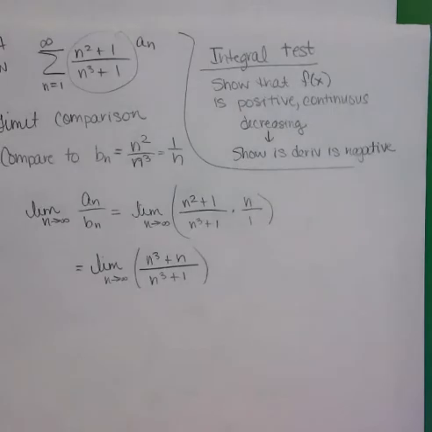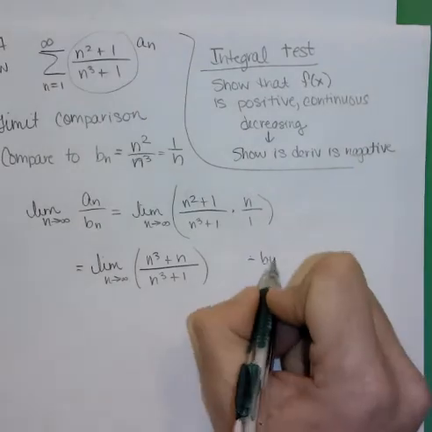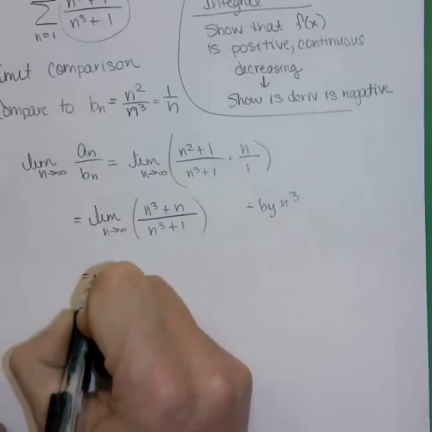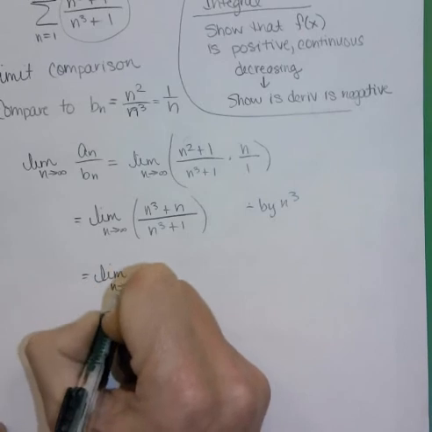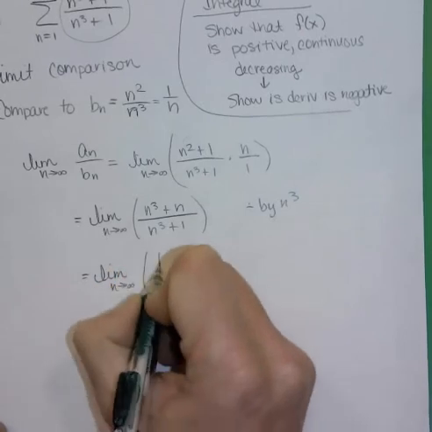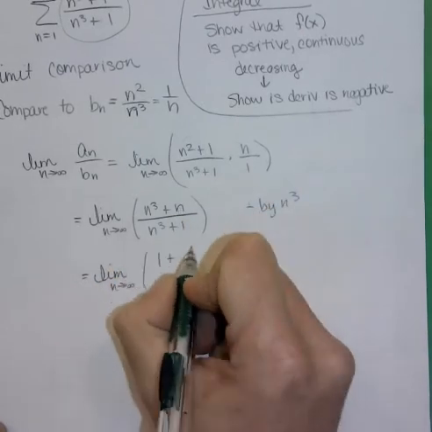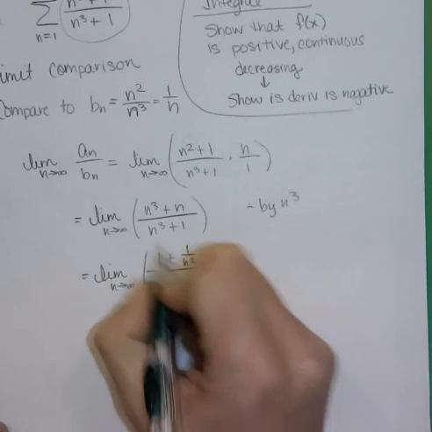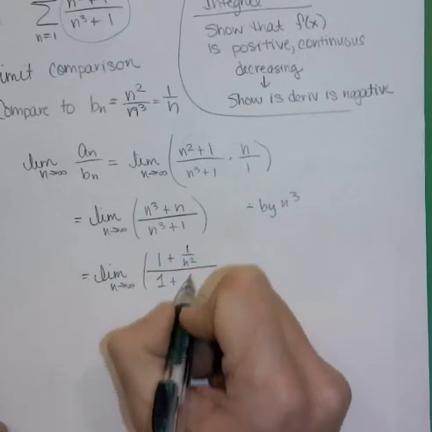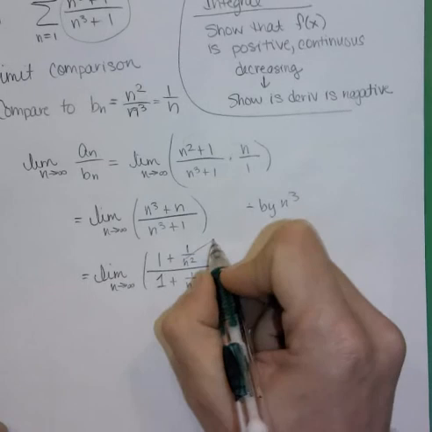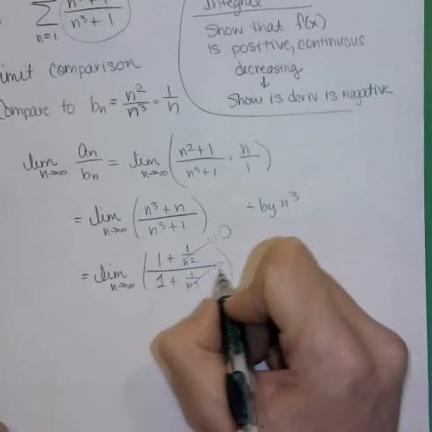And then we can divide every term by n cubed. So I'd have 1 plus n over n cubed is 1 over n squared, over 1 plus 1 over n cubed. Well, both of these go to 0. So we just get 1 again.